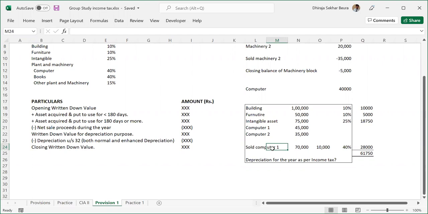Everybody calculated or anybody stuck at any point? I just wanted to know the 28,000. That is on 70, right? Sorry. My bad. That is actually an incorrect calculation, because I got 37,750, so I got confused. My mistake.